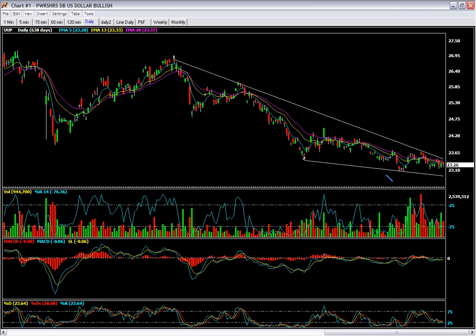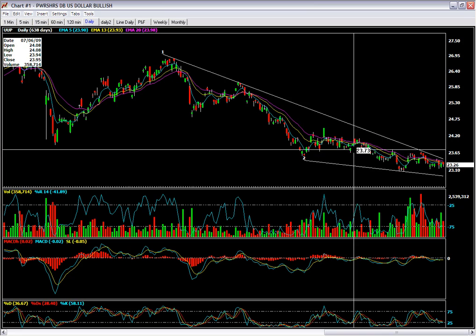This is a falling wedge with bullish divergence on the MACD. If you can see, it's doing higher lows, higher lows, higher lows. So the soonest this breaks out, look out, because the bulls are going to be taking over for the dollar.